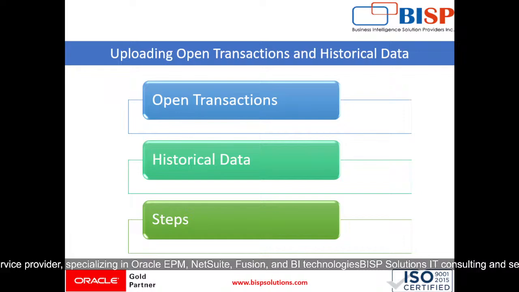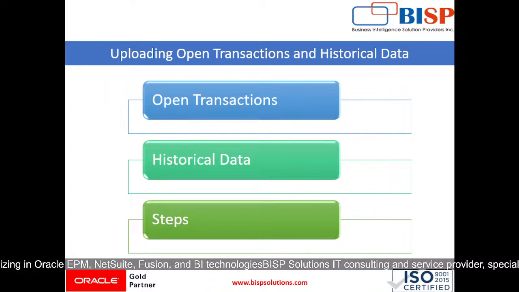Then comes our historical data, which refers to past financial transactions such as invoices, payments, and journal entries, which are necessary for accurate reporting and continuity. Historical financial data ensures that financial reports in NetSuite reflect past transactions accurately. We export historical data from QuickBooks, validate it for completeness, and import it into NetSuite using CSV files or an integration tool.